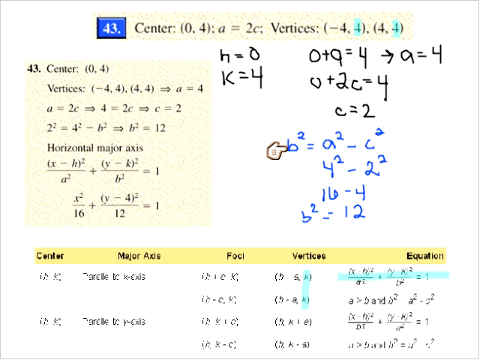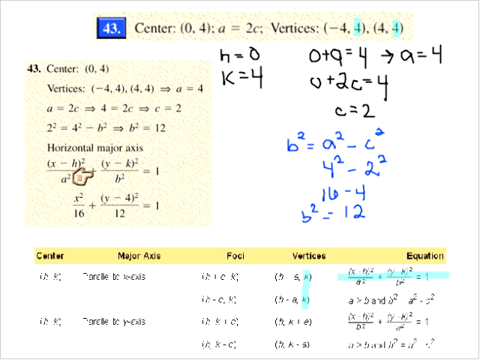We need to find out what b squared is. So using my equation here, I can insert what I know. I know that a is 4 and c is 2. So 16 minus 4 is 12. So b squared is 12. Now I don't need to figure out what b is because I want b squared in my equation.